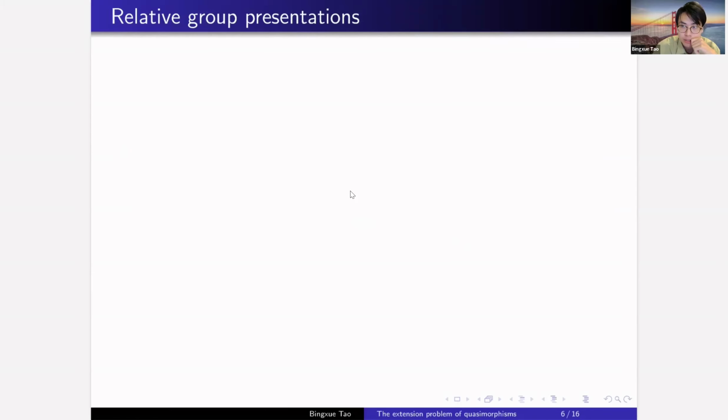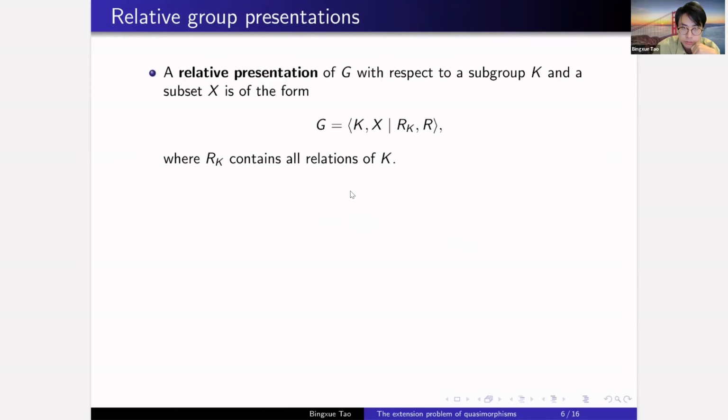To state the next condition of relative hyperbolicity, let's first go to the relative group presentations, and we will use the group presentations to give the definition. So a relative presentation of a group with respect to a subgroup K and a subset X, the relative generating set, is in this form.